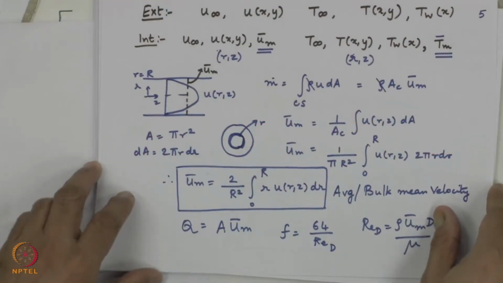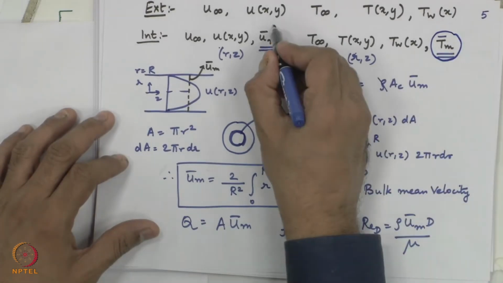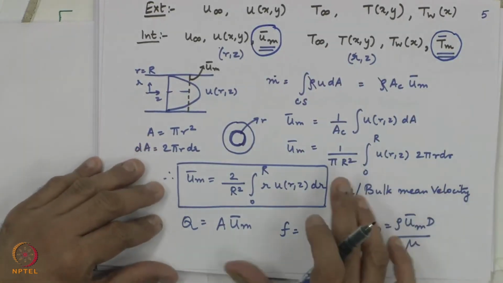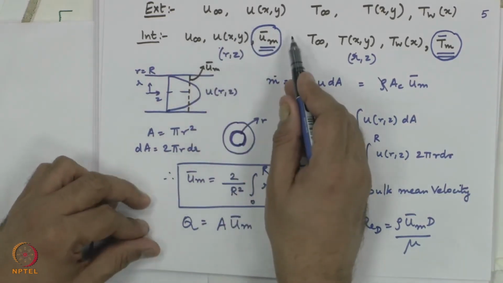Having defined this bulk mean temperature, we now have understood that in addition to free stream velocity, in addition to free stream temperature, we have additional quantities specific to internal flow, which are these. And therefore, I have 1, 2, 3 variables that define the velocity in internal flow.